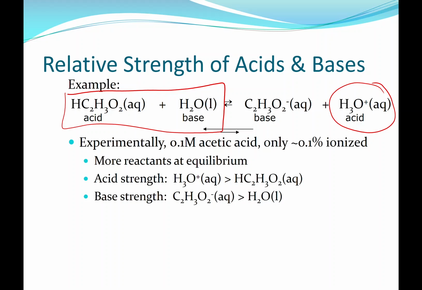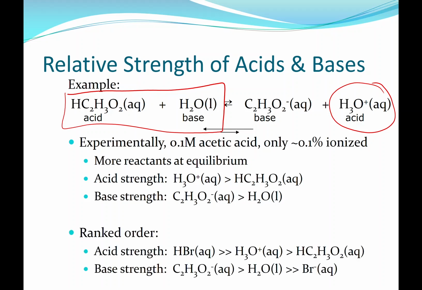In terms of base strength, it tells us that water is actually our weaker base. And so what that means is that the acetate ion is better at accepting a proton than water is. And so we're going to lie in the direction of the reactants in this case, as we know from knowing that it's only about 0.1% ionized. And so we mostly have reactants here.